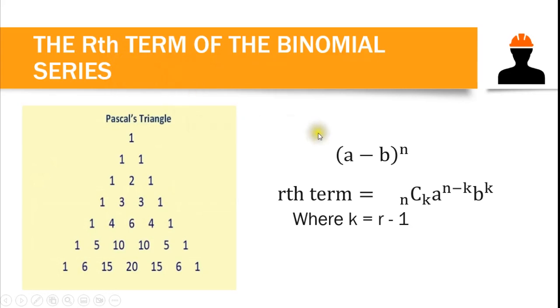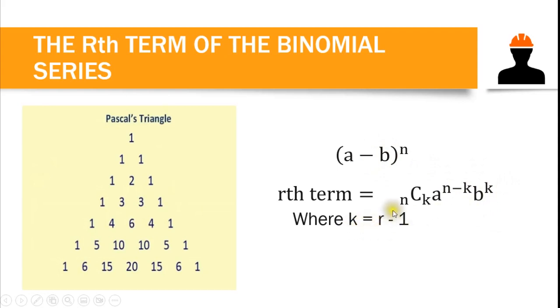For this equation, to determine the r-th term of the series, we can use n combination k times a, where a is the first term of our binomial expression raised to n minus k, times b, where b is the second term of our binomial expression raised to k, where the value of k is equal to r minus 1.